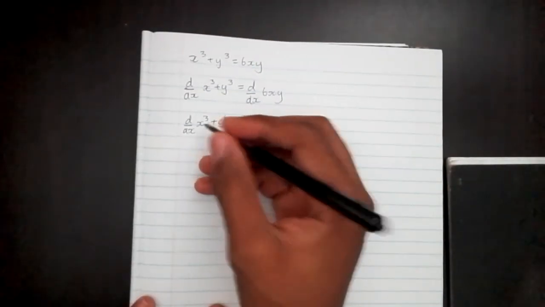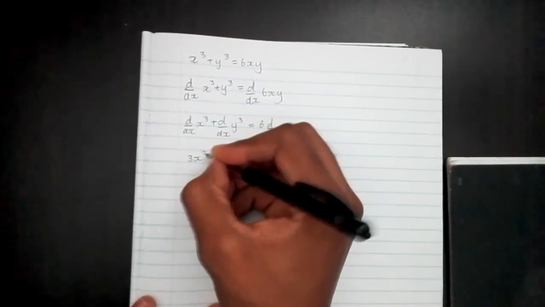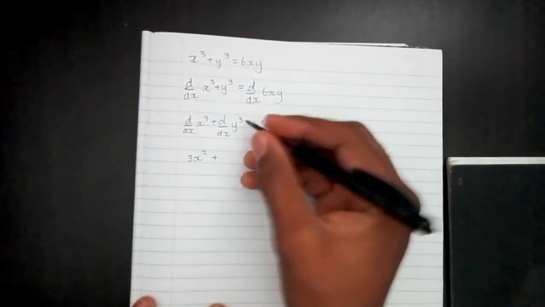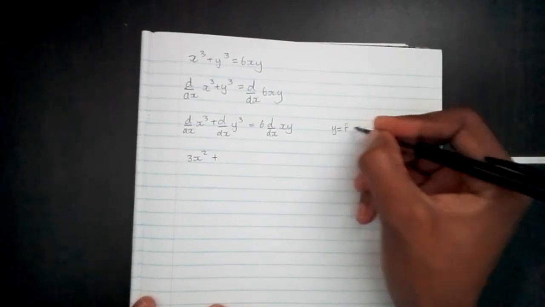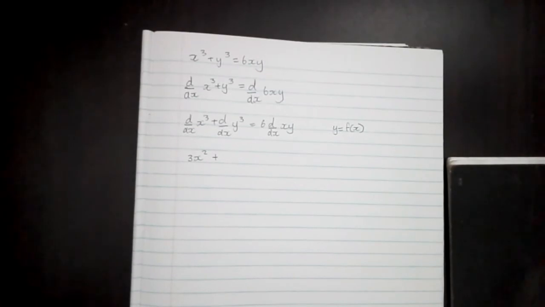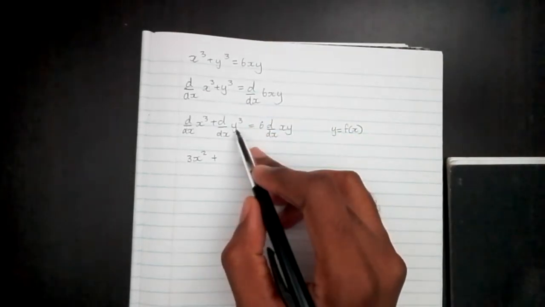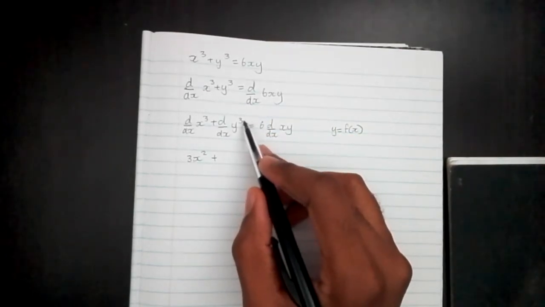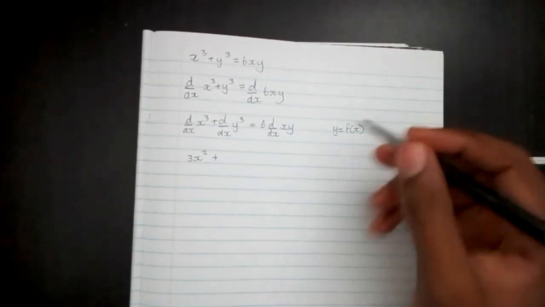The derivative of x cubed is simply 3x squared. The derivative of y cubed, remember that y is a function of x, so we have to treat it like a function of x, not just a constant. So here we have to apply the chain rule because now we have a function of x cubed.